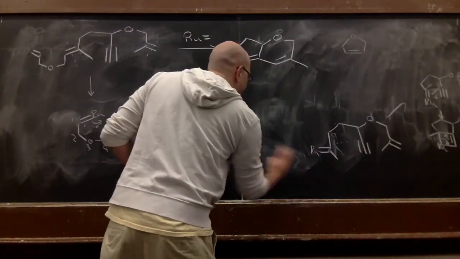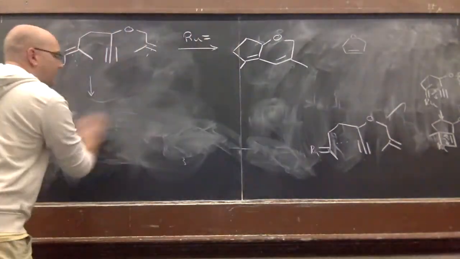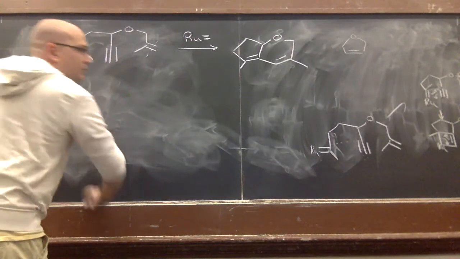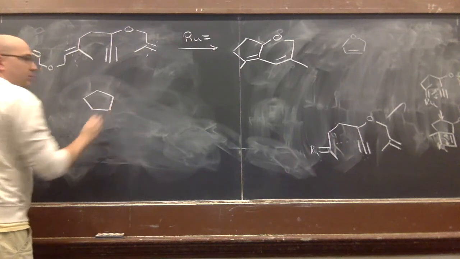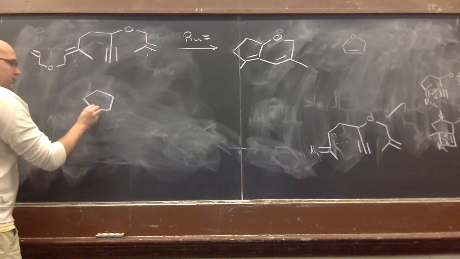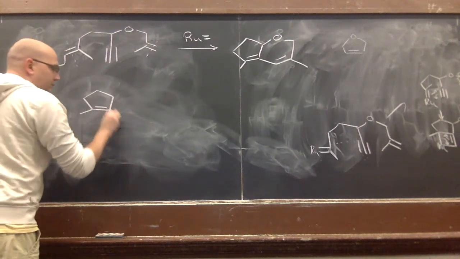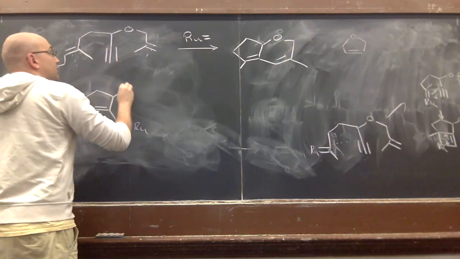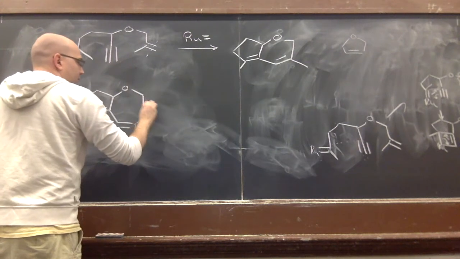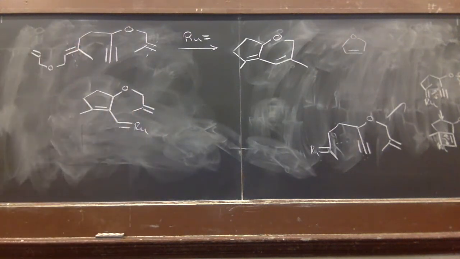So let me, for the sake of board space, redraw it over this way. Okay, so we have our ruthenium alkylidene there. The end game should be fairly simple at this point, right? Because this is probably a fairly easy metathesis.